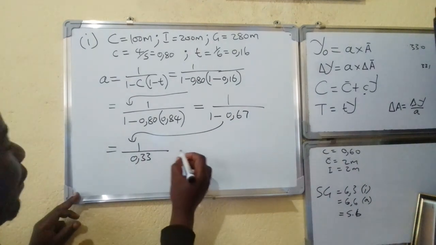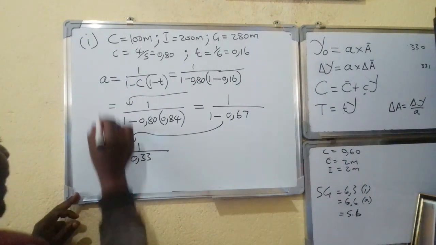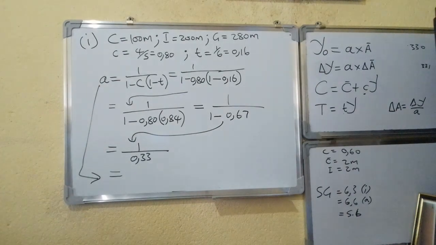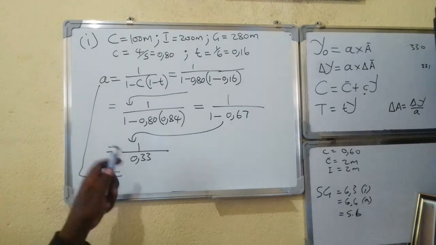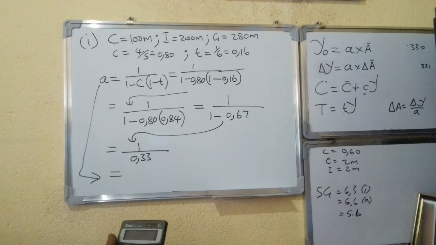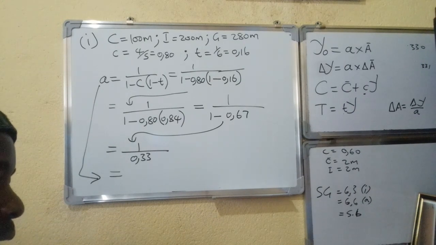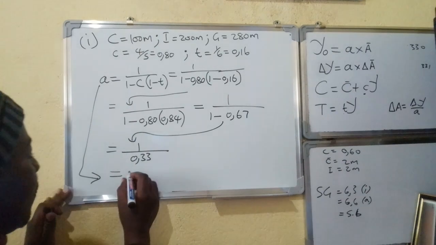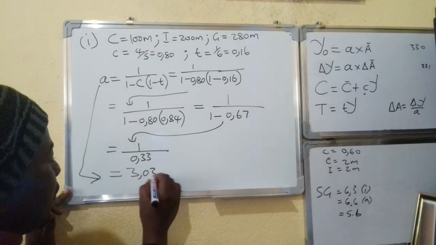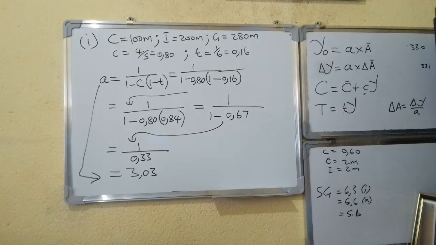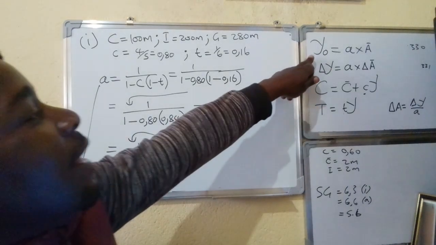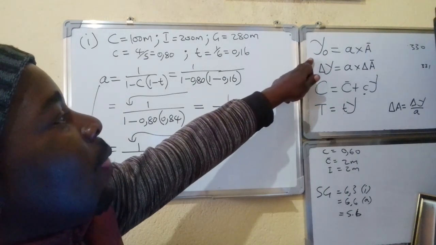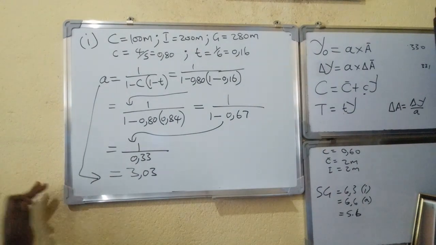And then eventually you have your multiplier, which is 1 divided by 0.33, which is 3.03. Your multiplier is 3.03. Now you have your multiplier, you can now calculate the equilibrium level of income. What is our formula?